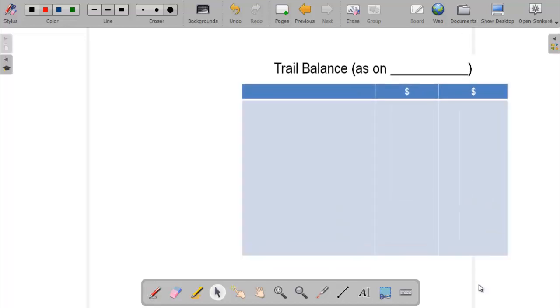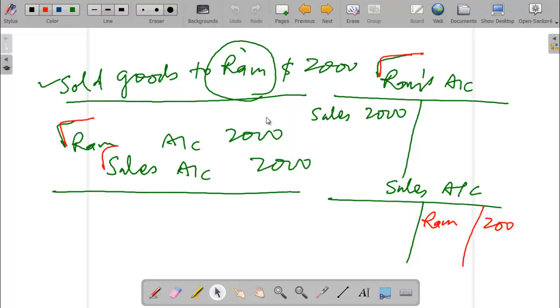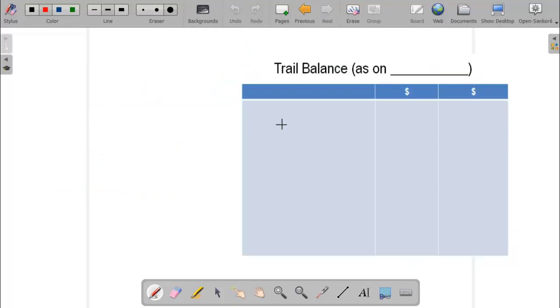In the previous page, in the ledger two accounts are there, isn't it? Ram account and sales account. Ram account is showing a debit balance, so in the trial balance I will show Ram's account, and it is showing a debit balance.